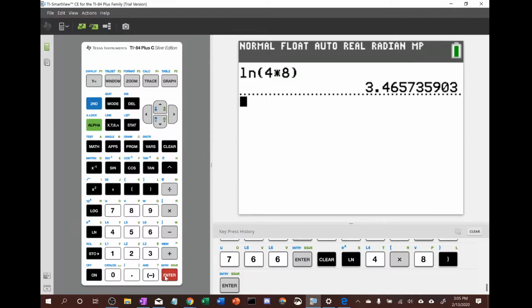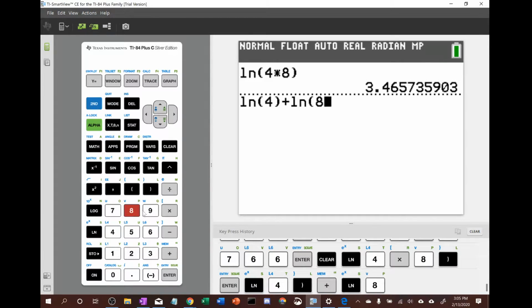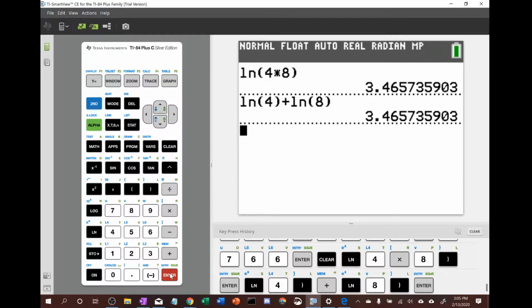Okay? Now, let's type in ln 4, close parentheses, plus ln 8, close parentheses. They're the same. Okay, good?